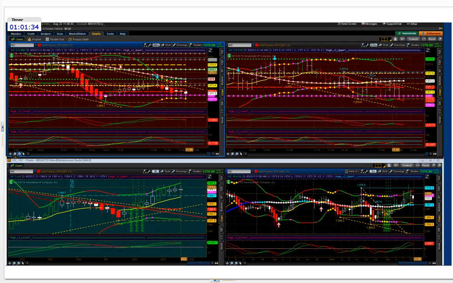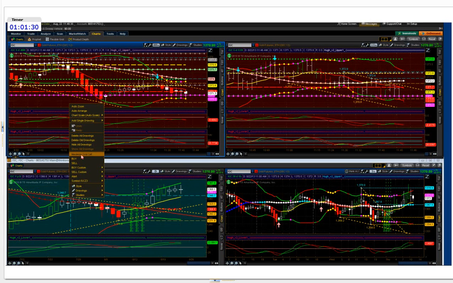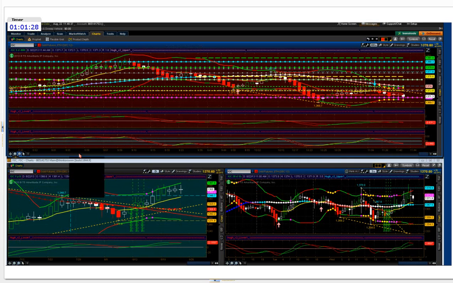Let me just get a bigger screen here. I want to kind of lay out the charts so you know what we're looking at. What I usually do in our trading room, we have a virtual trading room. It opens at 8 Central in the morning and closes at 3. So we'll tend to monitor futures.